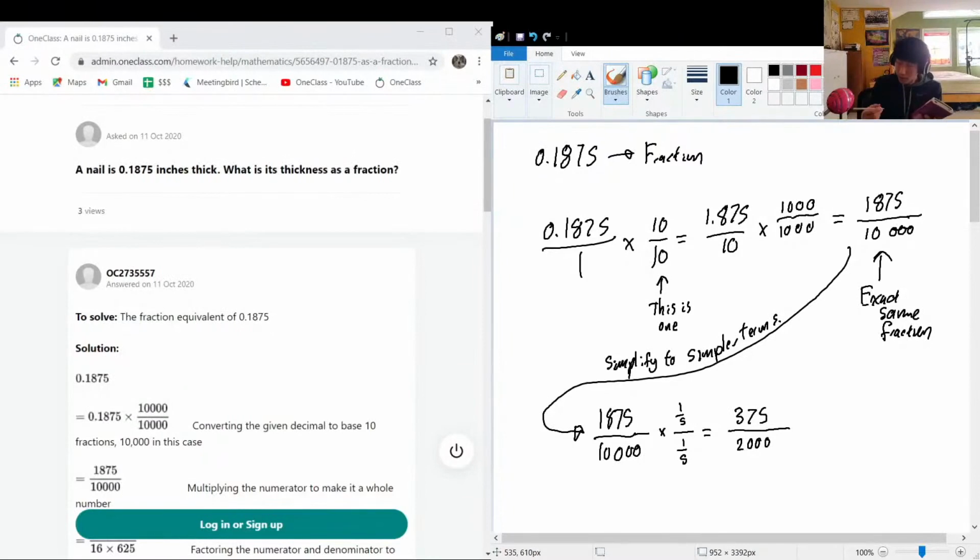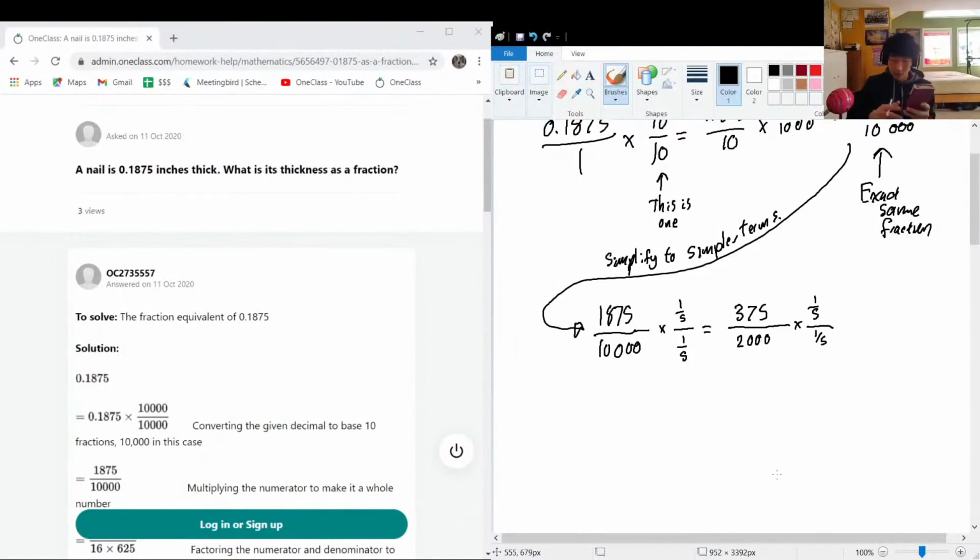Okay, now we can divide by 5 again. Times 1 over 5 over 1 over 5. So this is just dividing the top by 5 and dividing the bottom by 5 again, because it's another term that we can do. So 375 divided by 5 is equal to 75 over 400, because 2,000 divided by 5 is 400.